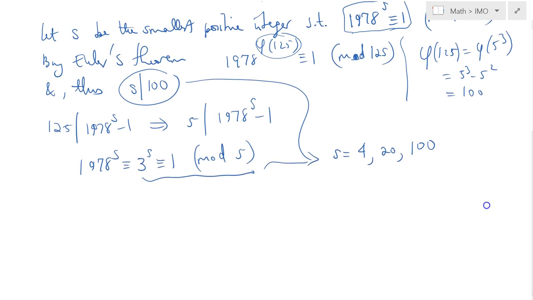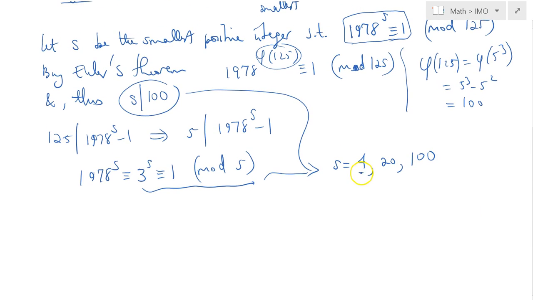So for the rest of the proof, I will just show how 4 and 20 won't work actually. So let's start with s equals 4. In that case, 1978 to the 4th power is congruent to, well, in mod 125, that's equivalent to minus 22 to the power 4 in mod 125.